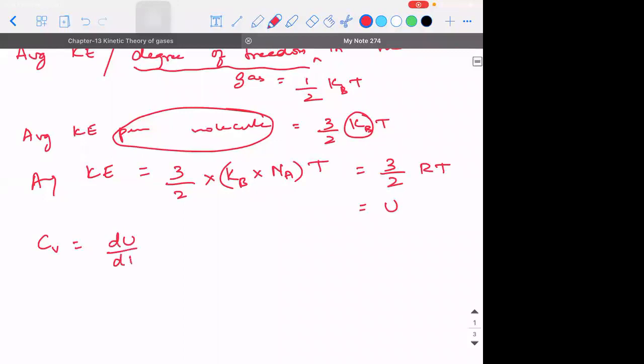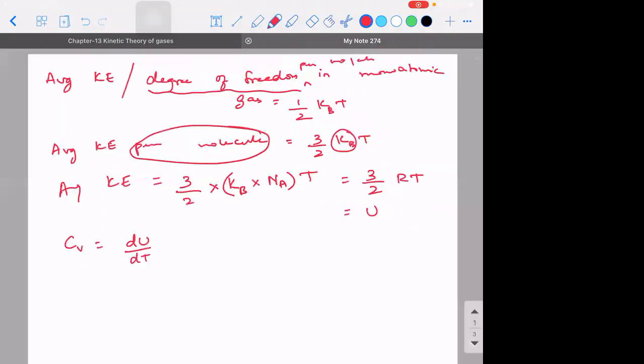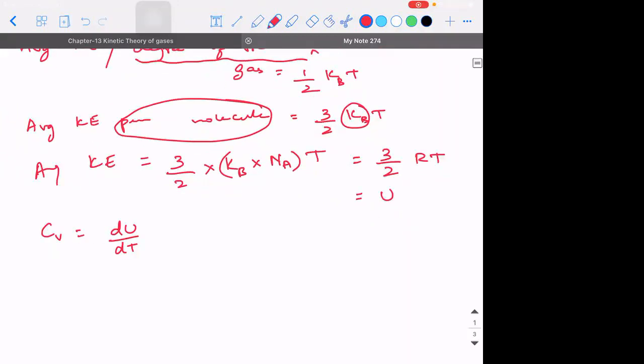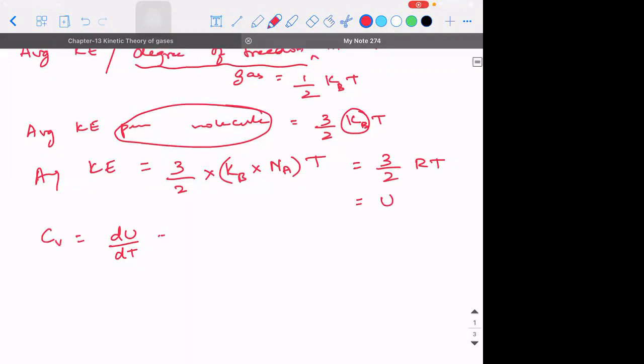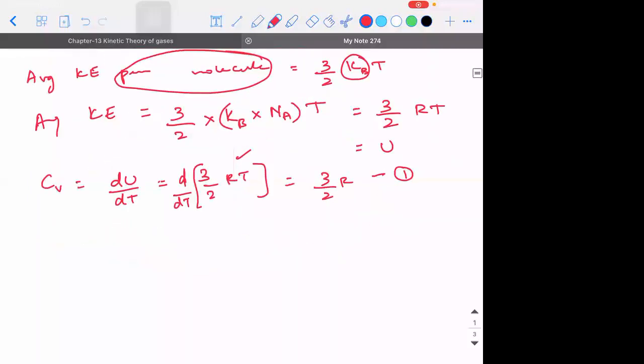It is dU by dT, the amount of heat per unit mole per unit temperature, but here n is equal to 1. So this will be d by dT of 3 by 2 RT. So 3 by 2 R is taken out, and the derivative of temperature with respect to temperature is 1. Let me call this equation number 1.